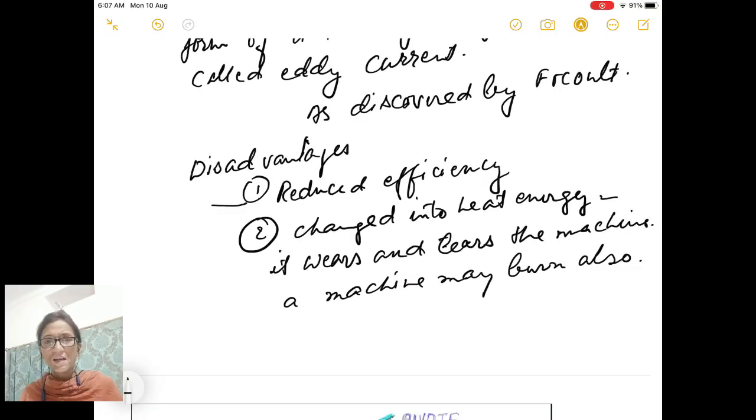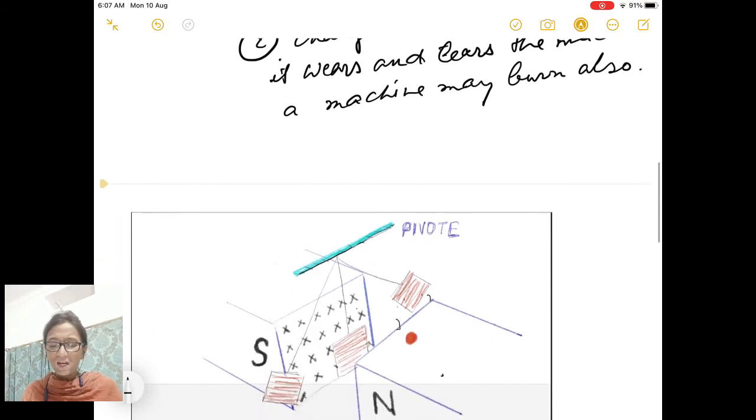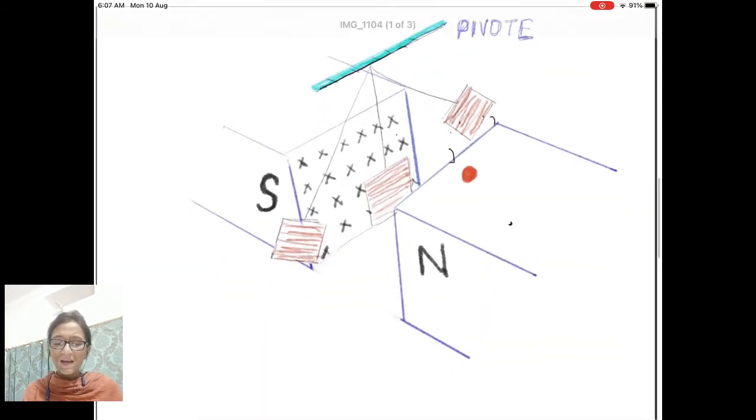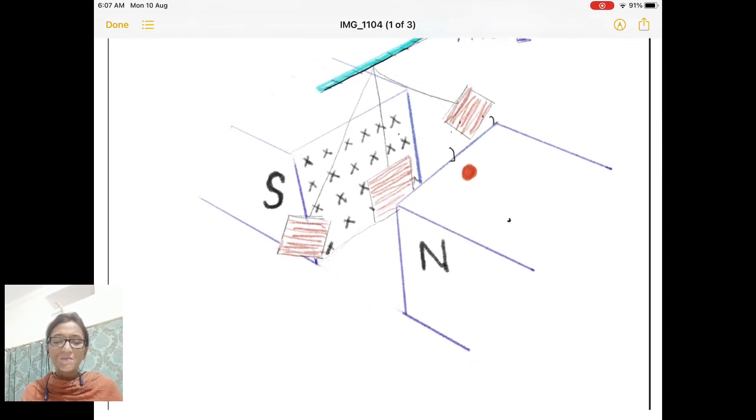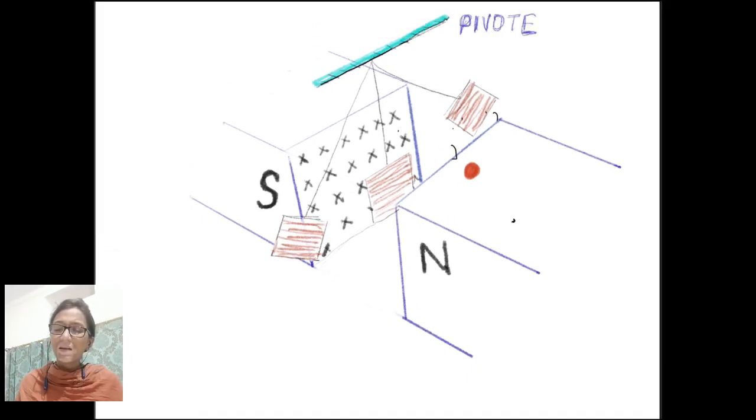I'll discuss how this eddy current, where it is a disadvantage, can be reduced. So firstly I would like to show you some diagram. Here you have a strong magnetic field created due to the north pole and south pole of a magnet, and a non-magnetic material like copper or aluminium, anything.